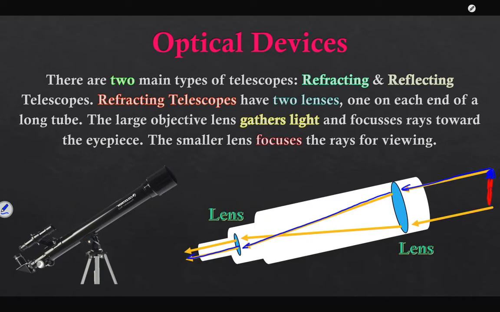So we have the blue part there, and we have the red part. So this has actually been flipped upside down. And this happens every single time you use a refracting telescope. It flips your image upside down.